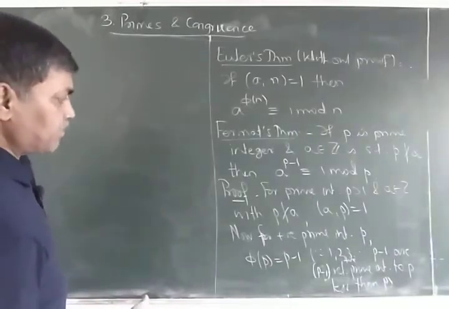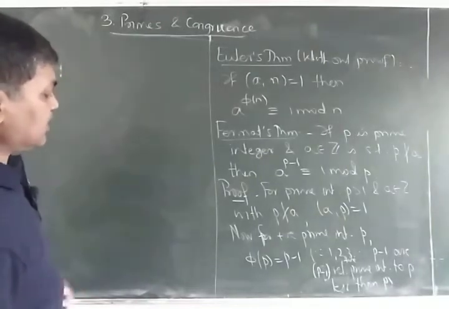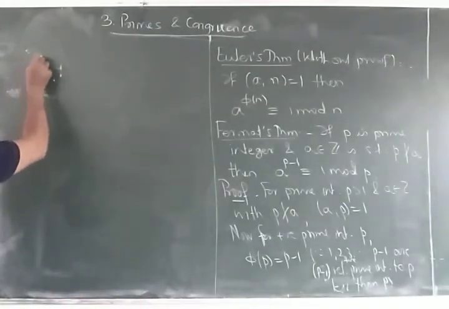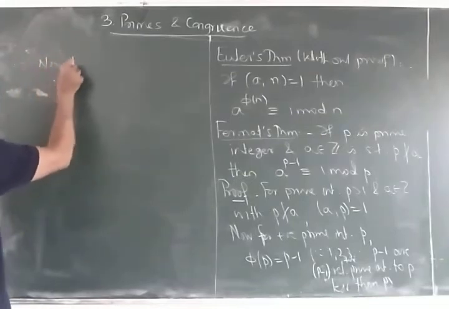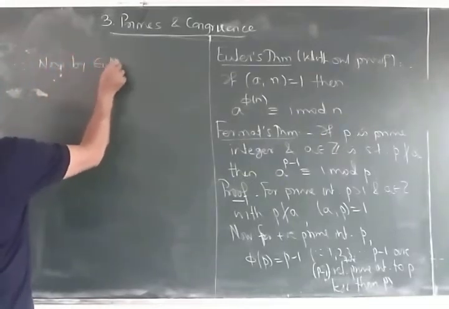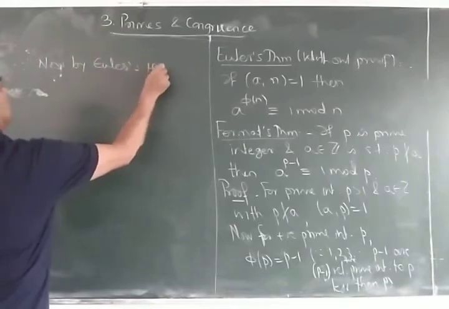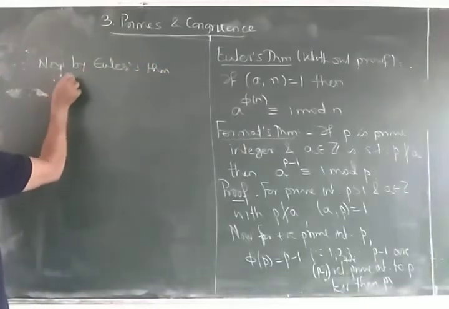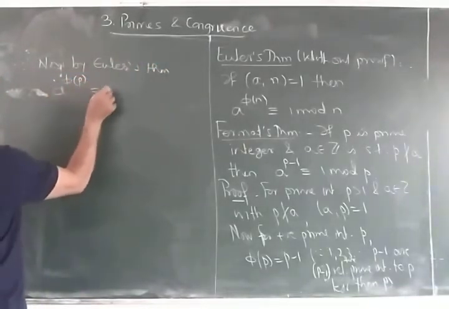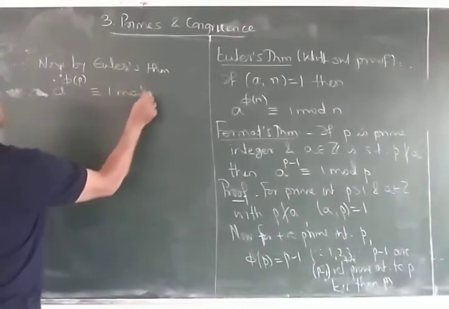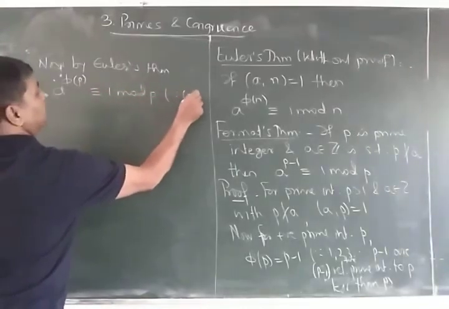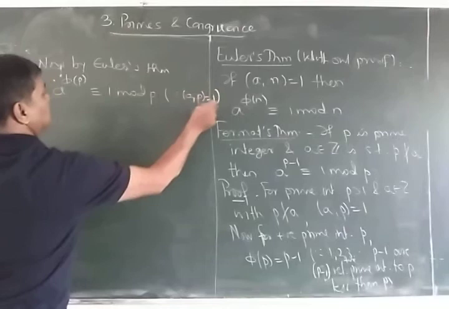Therefore, by Euler's theorem, a raised to phi of p is congruent to 1 mod p, since GCD of a and p is equal to 1.